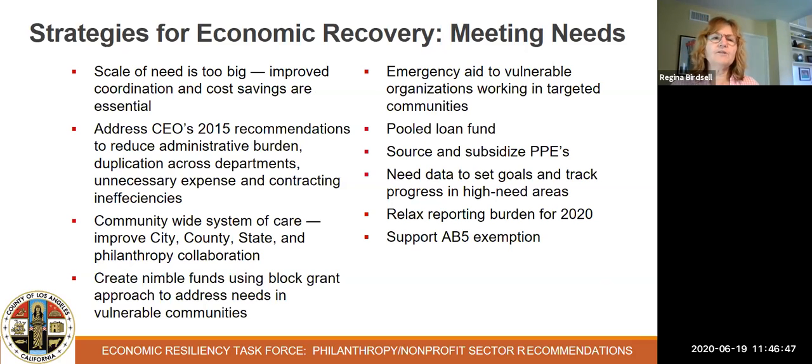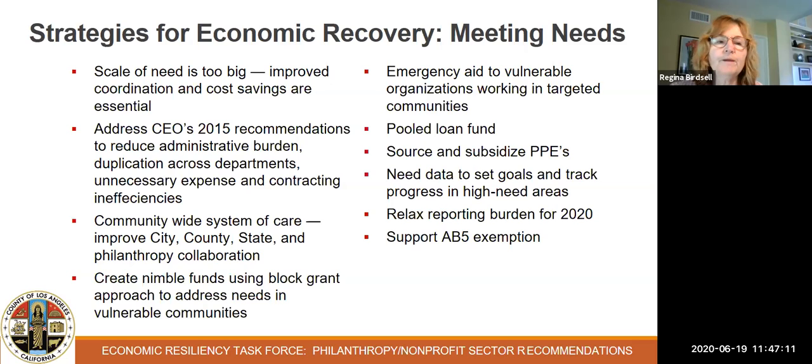So then, shifting gears to economic recovery and meeting needs, to reinforce the idea that the scale is big. Most of the financial projections, if we're thinking about public dollars, are that the next couple of years are going to be difficult, and that we really need to look at improved coordination and cost savings.